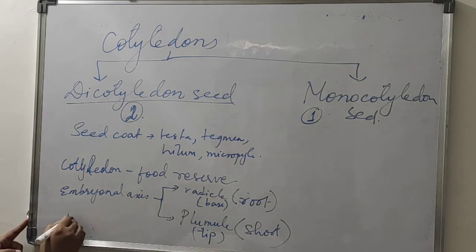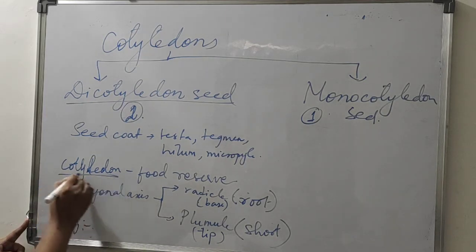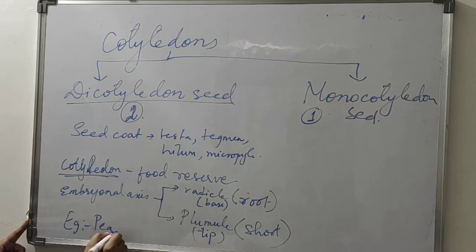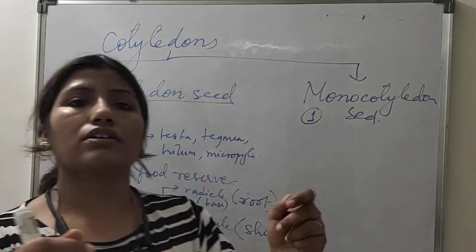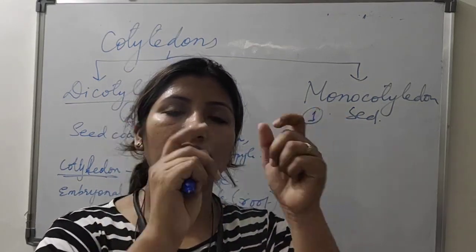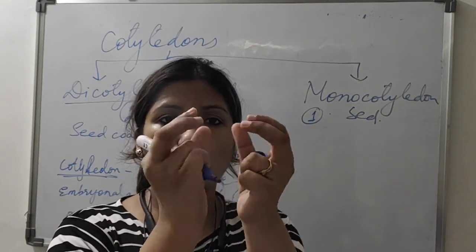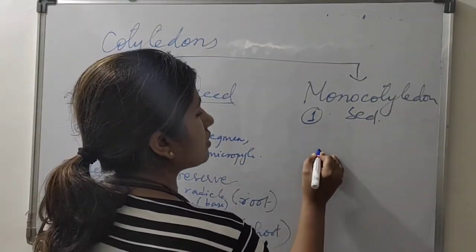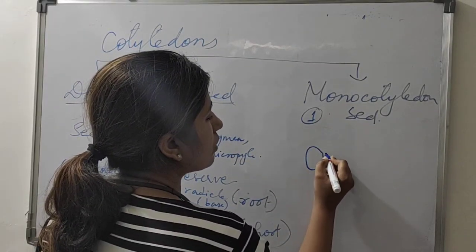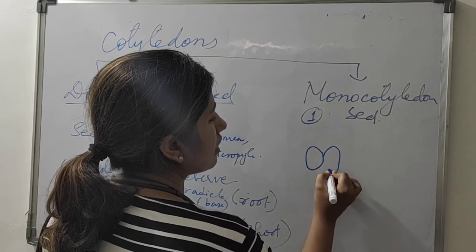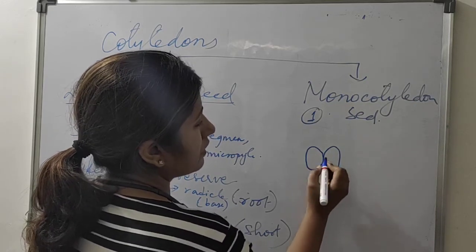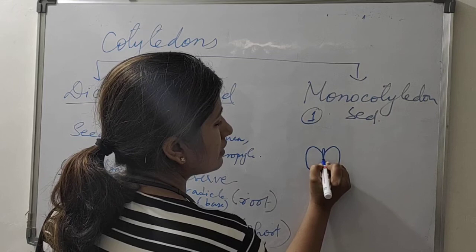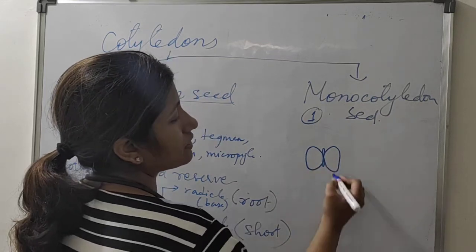Examples of dicotyledonous seeds having two cotyledons are pea and gram, the chana which you eat. When you open the cover of the chana, you find two cotyledons, right? There is one cotyledon and another cotyledon, and in between there is one tissue, that is the embryonal axis.